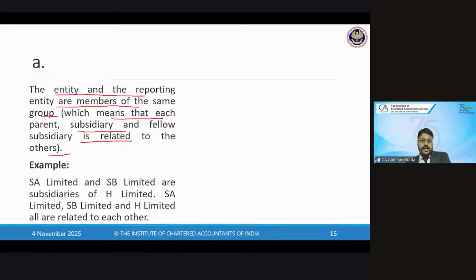For example, SA Limited and SB Limited are subsidiaries of H Limited, right? So H is the ultimate holding company and it has two subsidiaries, SA and SB.